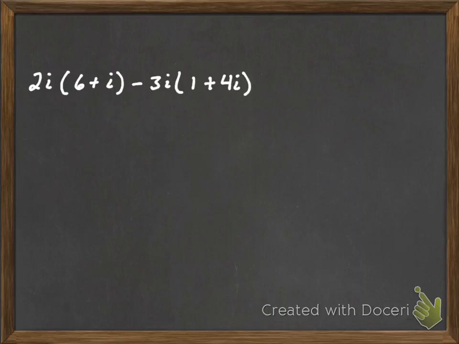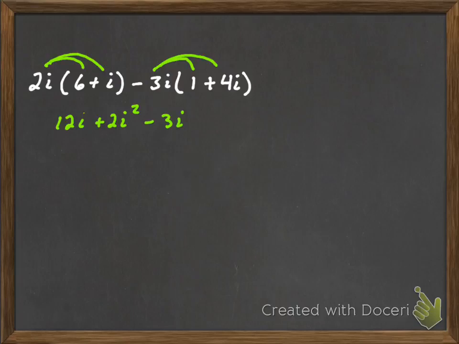All right, and the next one, distributing each parenthesis, this will give you 12i. This will give you plus 2i squared. Negative 3i times 1 is negative 3i. And then negative 3i times 4i is minus 12i squared.